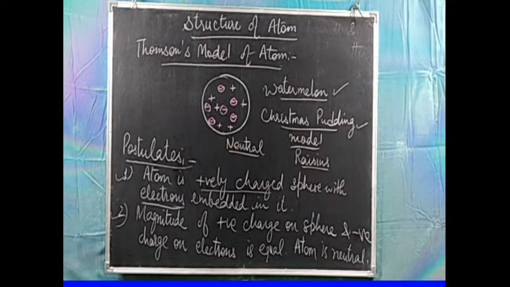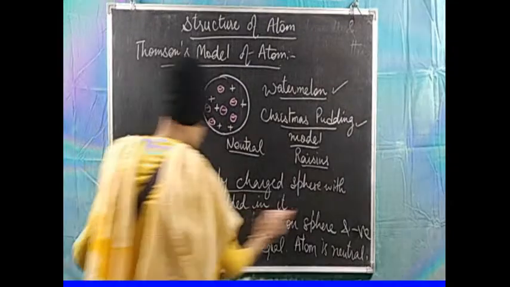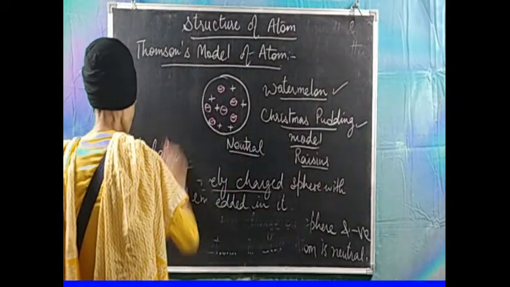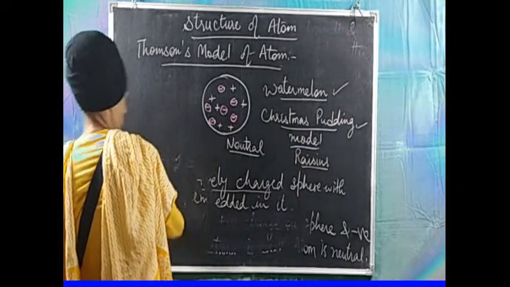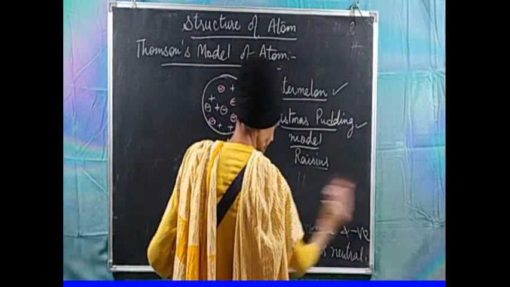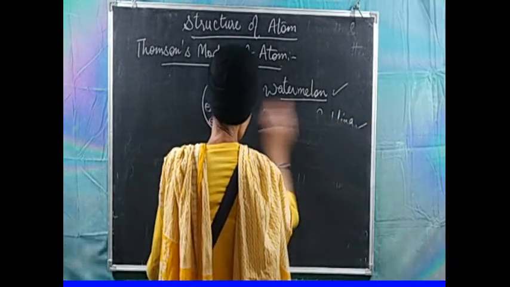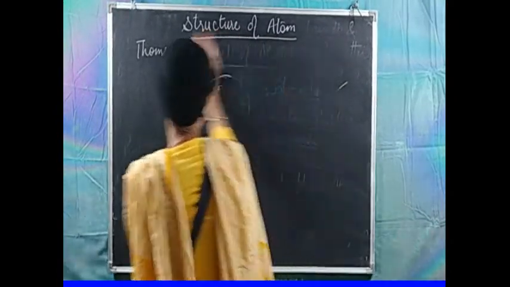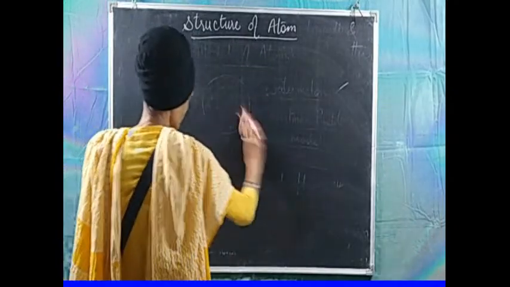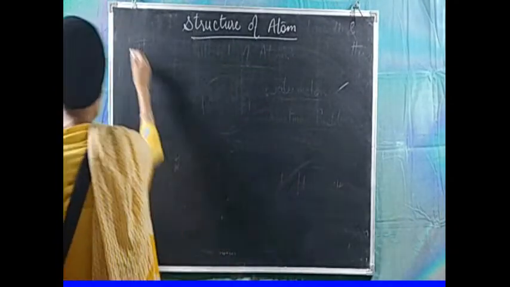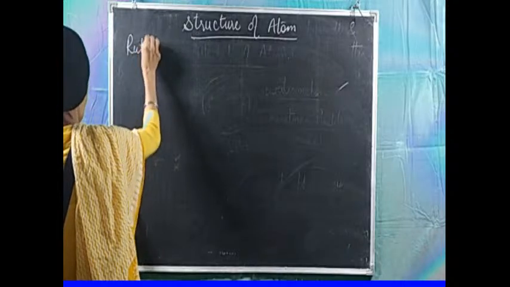Actually, Rutherford was a scientist who performed an experiment which led to the failure of Thomson's model. Now let us first discuss Rutherford's experiment, which is also called the alpha particle scattering experiment.